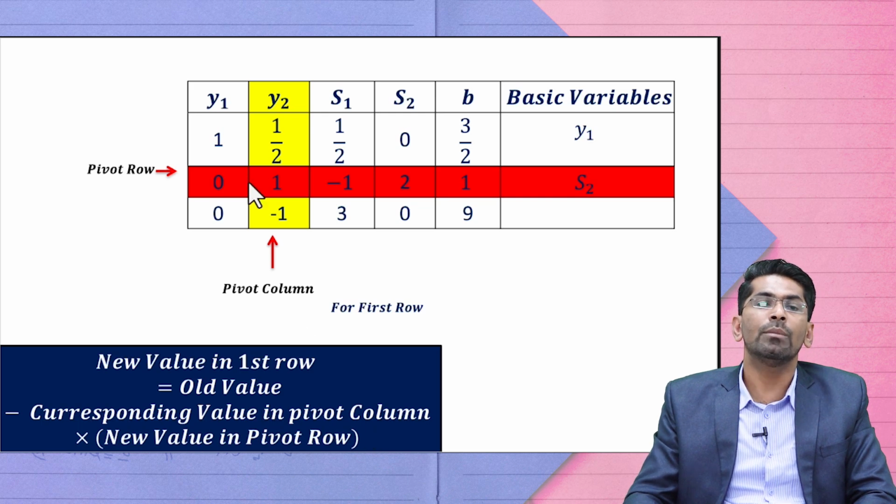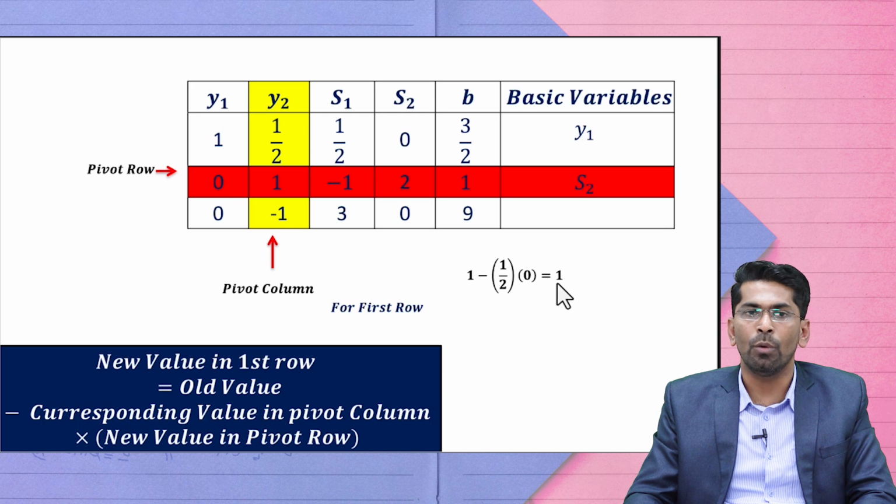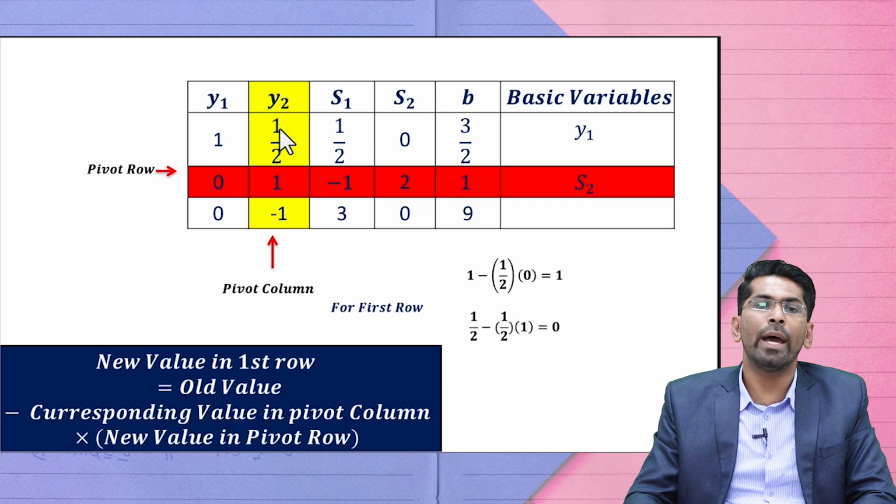So here it will become the old value, that is 1, minus the corresponding value in the pivot column, which is 1 by 2, into the new value in the pivot row, which is 0. So it will become 1 minus 1 by 2 into 0, which is equal to 1. Then similarly, the second value, that is 1 by 2 minus 1 by 2 into 1, which is equal to 0.